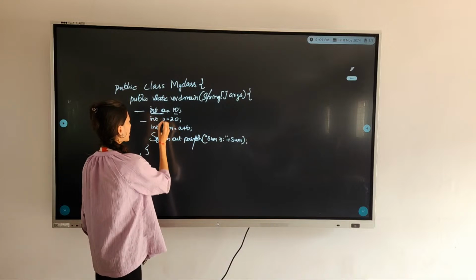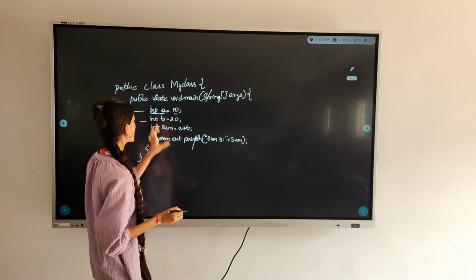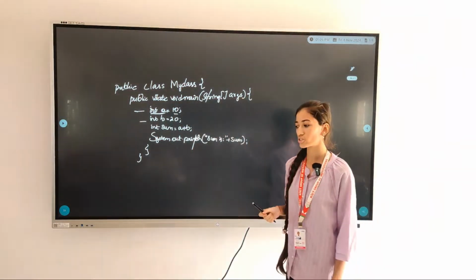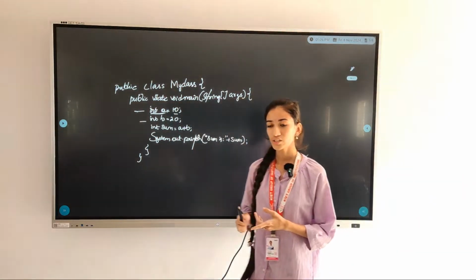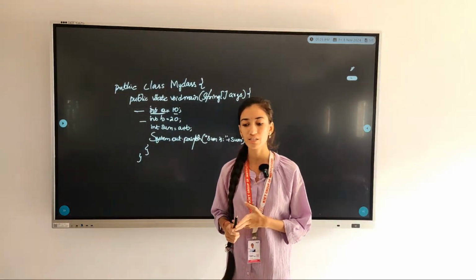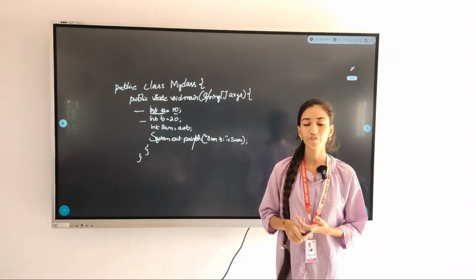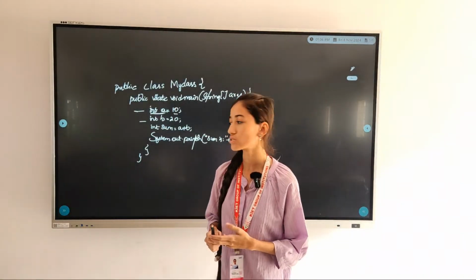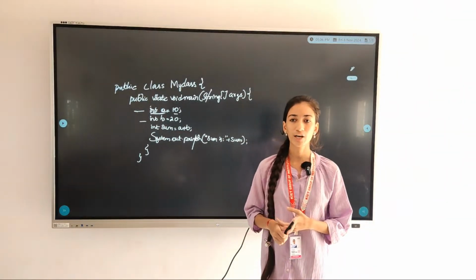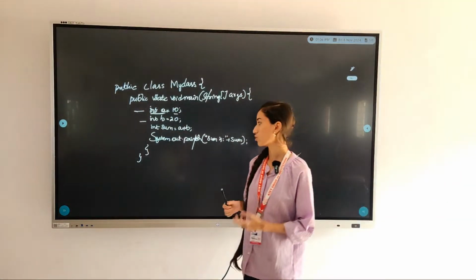This is called a declarative statement, and this is called an assignment statement. We also have other types of statements, like jump statements and control flow statements. Control flow statements are if, else, or switch statements. We also use looping statements like for loop, while loop, or do while loop.